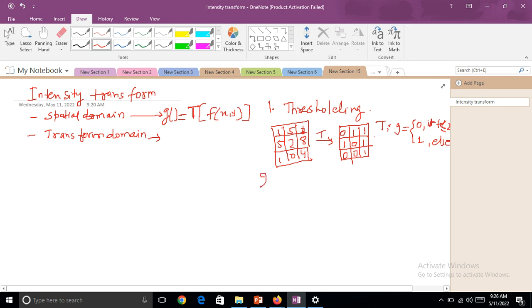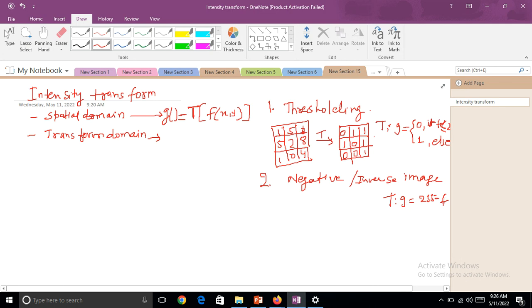Second example, let us say getting the negative or inverse image. Here the transform we can write like g is equal to 255 minus f. Here we consider that the grayscale level is 0 to 255.